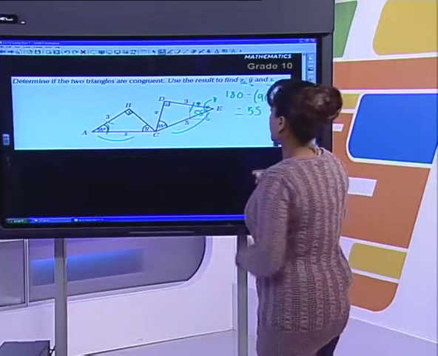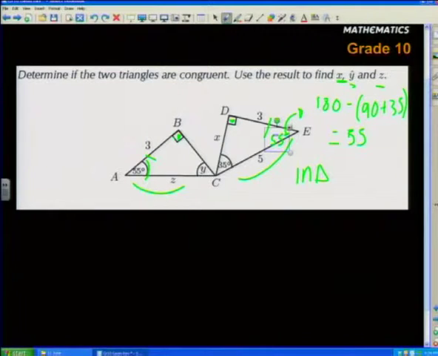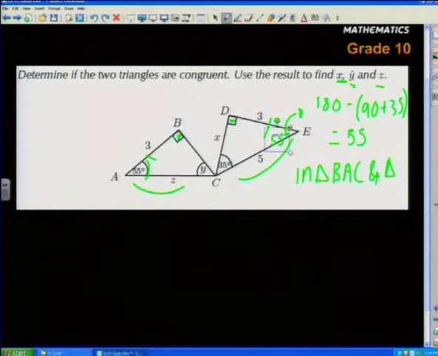So how do we prove this? We set it out by saying in triangle, and the order is important, but we'll look at the order at the end because you need to state the right order of congruency. So let's just say BAC. So in triangle BAC and triangle DEC.